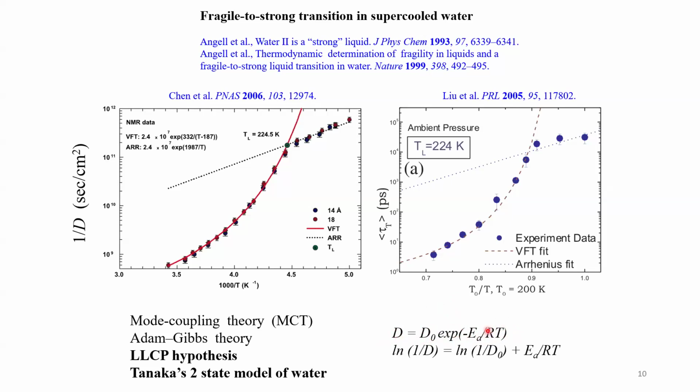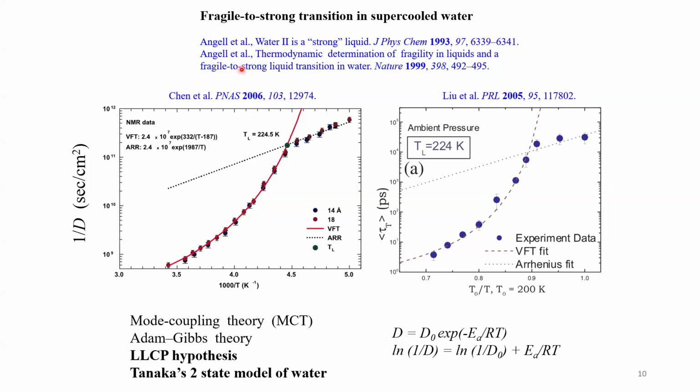Now, what happens is, some liquids do not follow this Arrhenius equation. We call them fragile liquids. And some liquids follow this Arrhenius behavior, and we call them strong liquids. So Angell, in his papers in 1993 and 1999 particularly, said that water is in between these two, neither fragile nor strong.